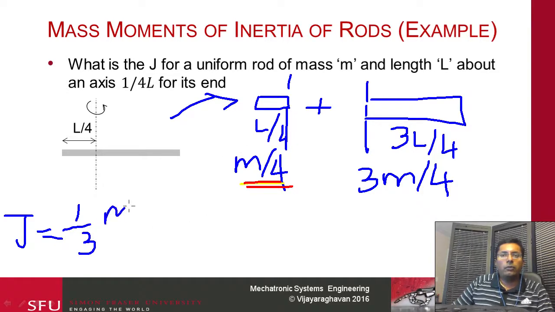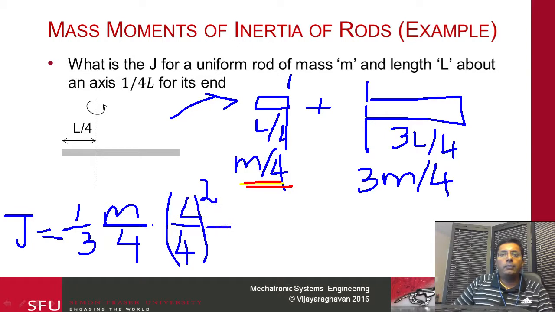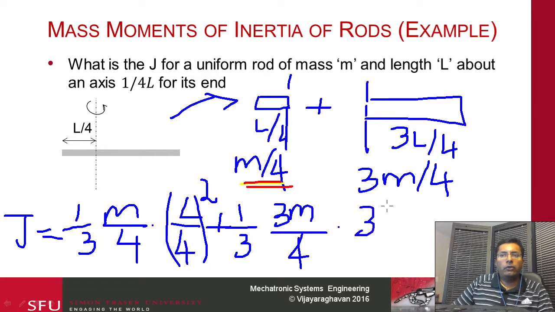This becomes M over 4, and then this is L over 4, and then the whole square. And then plus 1 over 3, and then this becomes 3M by 4, and then this is 3L by 4, the whole square.